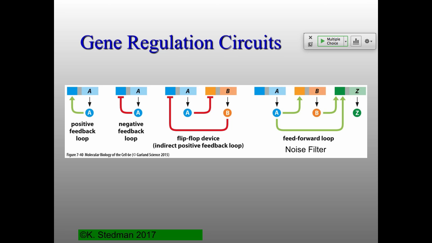Okay, so positive feedback loops are probably the easiest to understand of these possibilities. You can also have a negative feedback loop, and negative feedback loops are just a transcriptional regulator that now represses its own transcription. So if you have some signal that says turn on a repressor, it'll get to a certain level and then it will stop because it'll be repressing its own regulation.